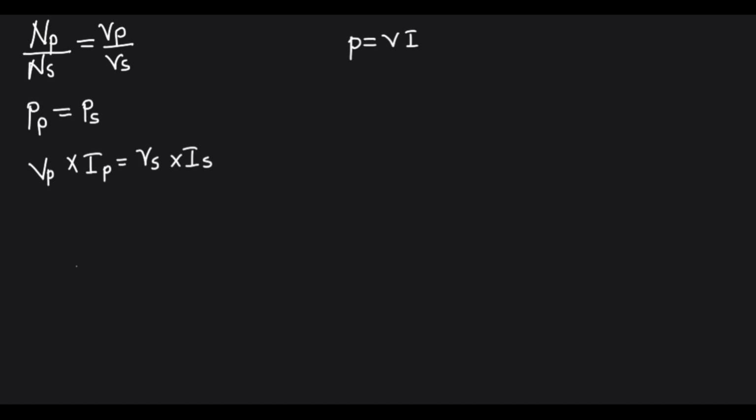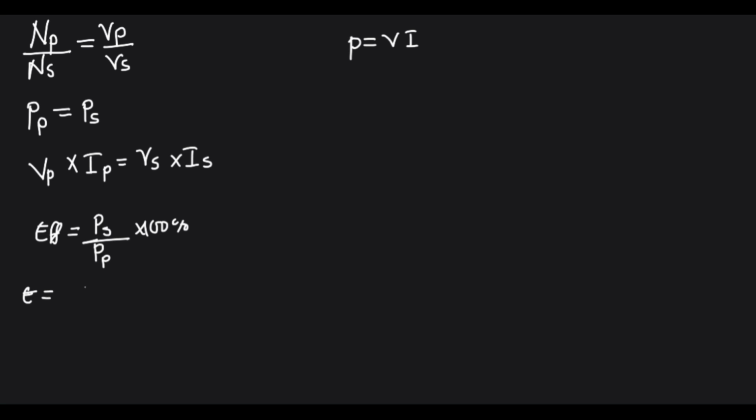Then the other equation that we can use, if given the efficiency is less than 100, is efficiency is equal to power output, so power on the secondary coil, divided by power on the primary coil, multiplied by 100%.